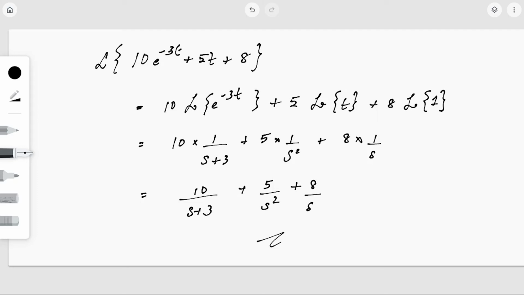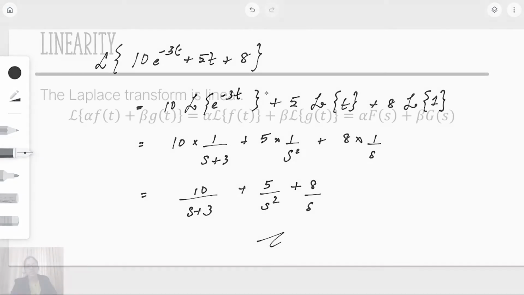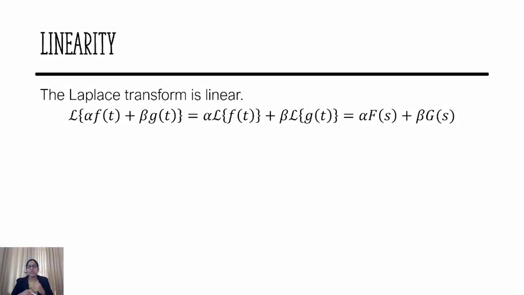So in all these examples that we have seen, we have just used examples which we have already done. So with the help of that, we just explained the concept of linearity. Now there is one more thing.